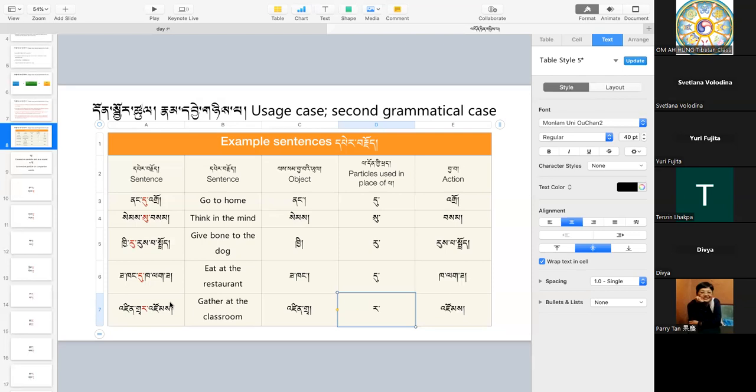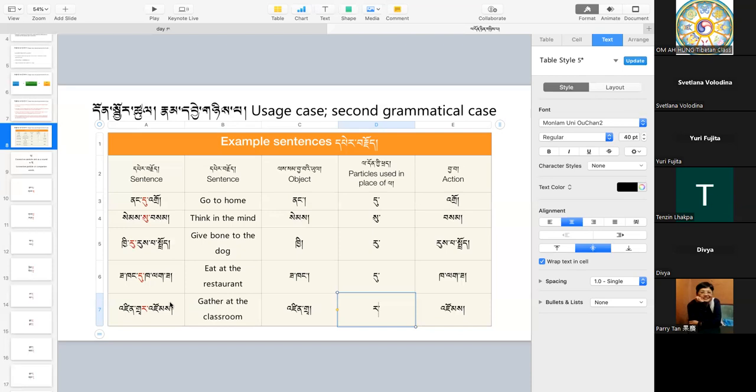Right now we have studied it by the definition, and we have studied what are the different type of particles that can be used with this. We have studied what are the key components and why are these key components. We have discussed the definition of the second grammatical case.